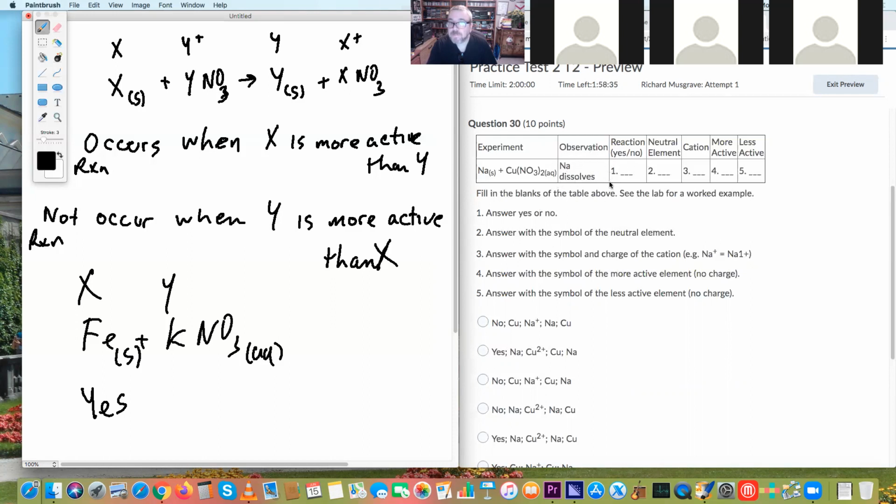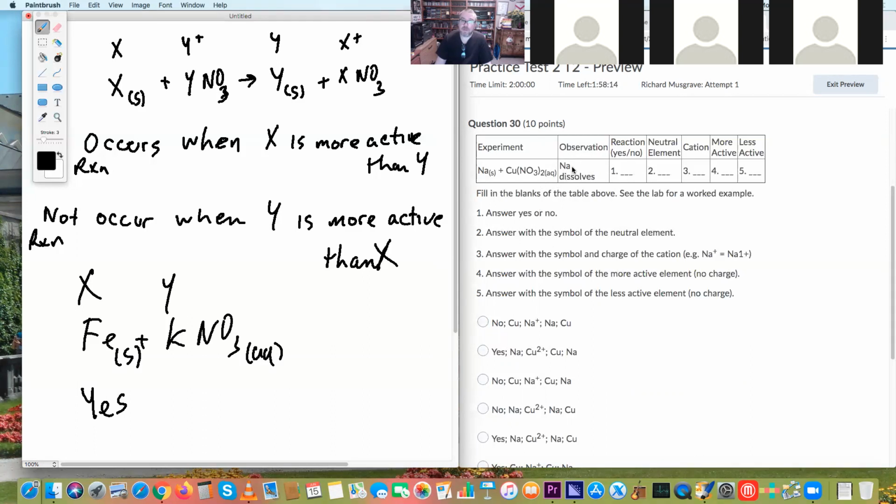Circling it here. If Na dissolves, then yes. If it said no changes, then you'd say no reaction. That's what happened in the last one. It said no changes, so there was no reaction. So you with me so far? Yeah, now I'm with you.